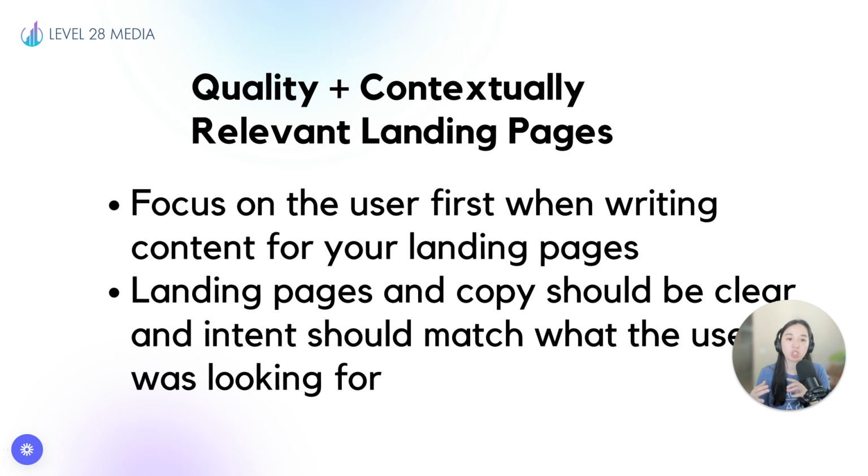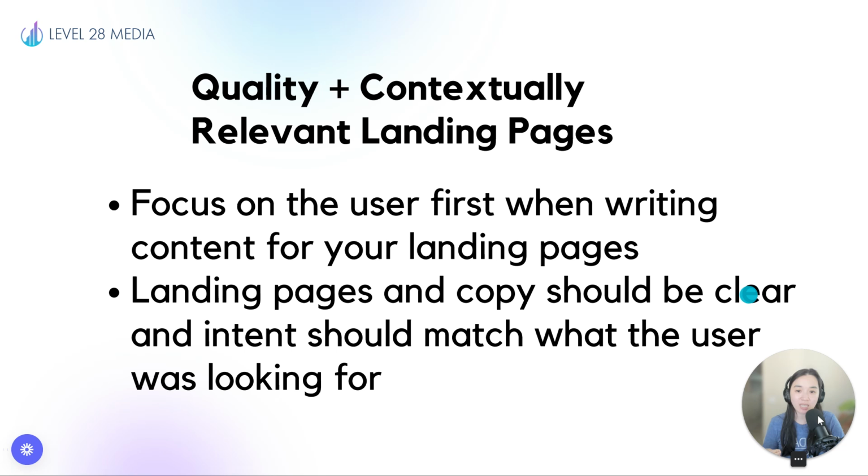Landing pages and copy should also be clear, and intent should match what the user was searching for. So if you're using AI Max, it can scan the context of your landing page to help you have relevant copy and relevant keywords that it will appear for. Google says AI Max is pretty much keywordless technology, but it's matching you to the context of what's on your landing pages.